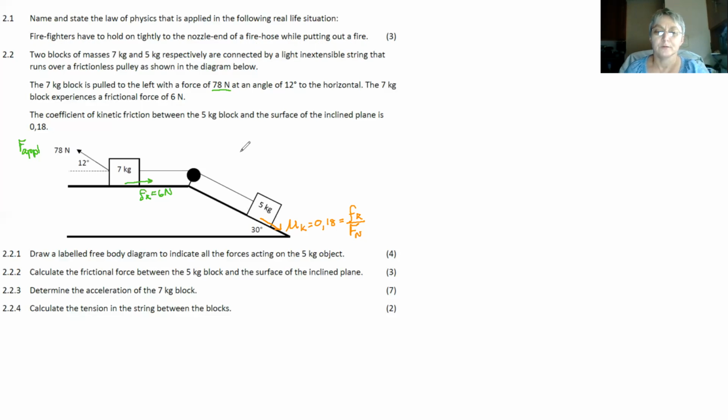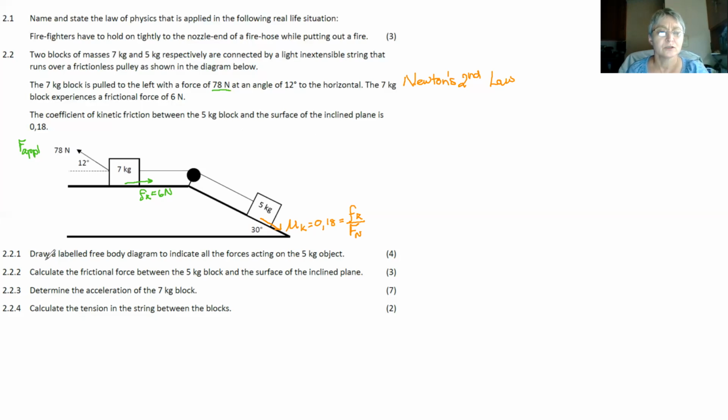Now, whenever you have two objects joined together by a string, you see the two objects as individuals, and it's going to be a case of an application of Newton's second law, where the acceleration is directly proportional to the net force applied and inversely proportional to the mass. But that's not what the question is. They don't want us to state Newton's second law.